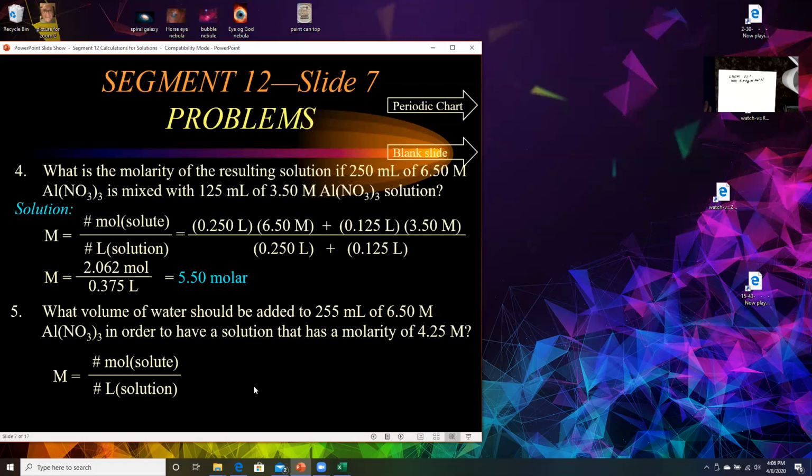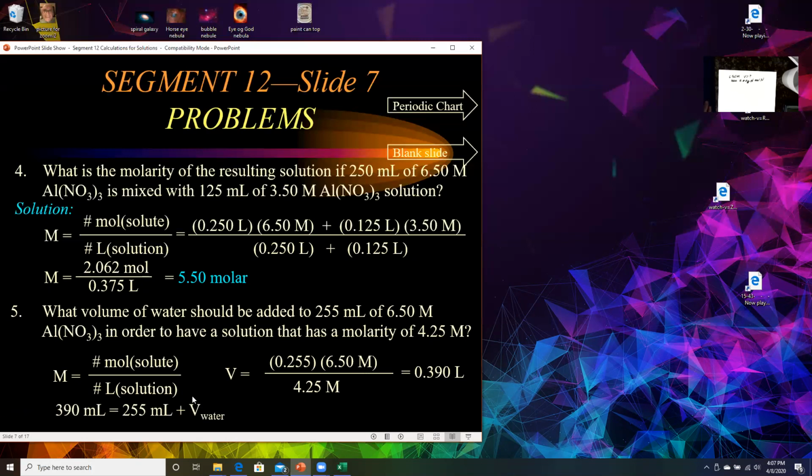And then we plug data into that relationship. All right, the volume then is going to be, we want 255 milliliters of 6.5, and the molarity that we want is 4.25. Remember, volume times molarity equals volume times molarity. I've just solved it for volume.